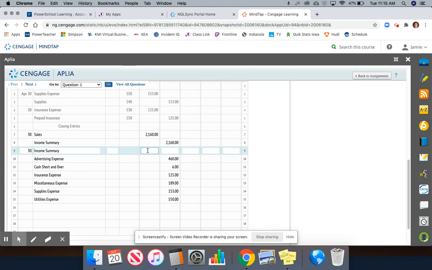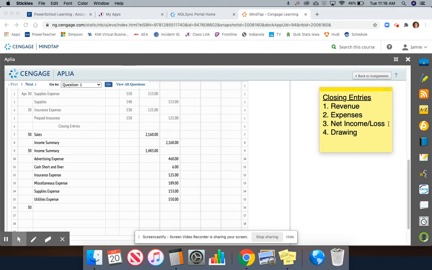The total of all my expenses is $1,483. Go through, add up all our expenses, and debit that. So that is our second closing entry.